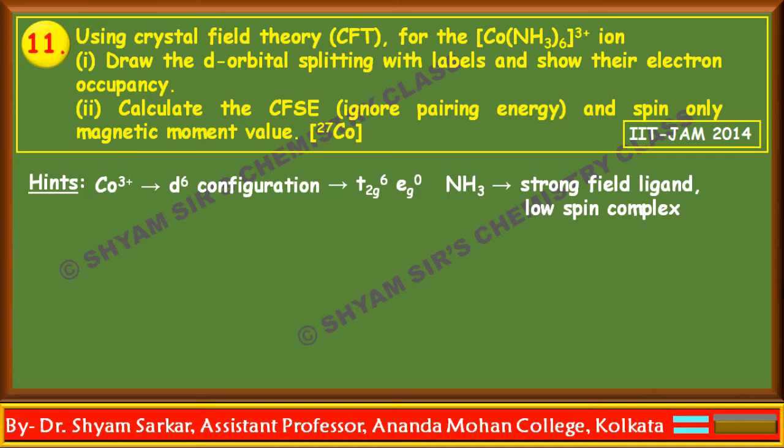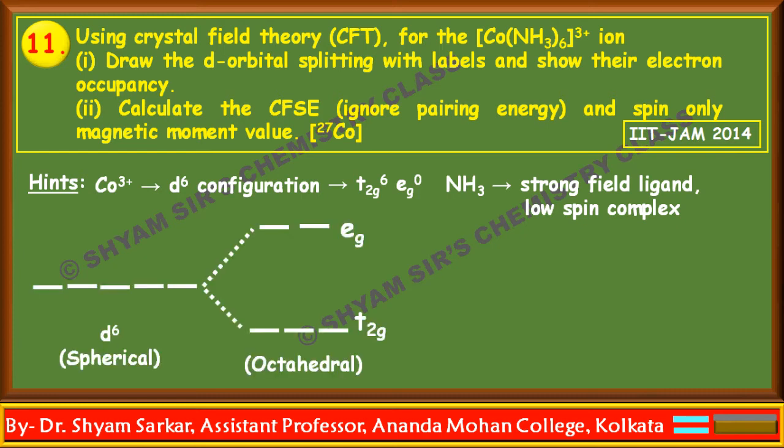So for a low spin complex, if you see the splitting, if you now put the arrangement of electrons, t2g6 means all electrons will be in the t2g orbitals in a paired up condition. Now if you see with respect to spherical, how many additional pairings occurred here? There are 2 additional pairings compared with that of spherical field here.